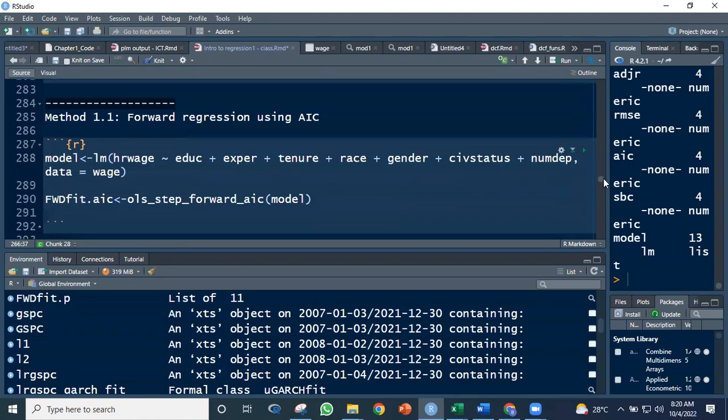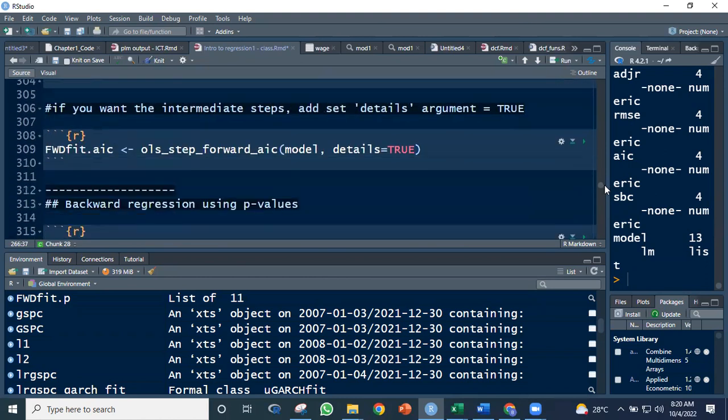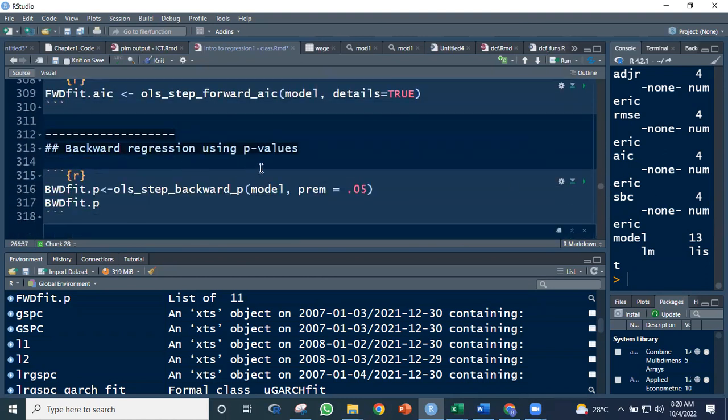Okay, where's that? Forward. All right, here. Backward regression using p-values. So the function is OLS step backward underscore p. We're creating an object called backward fit.p. Since this is backward, the argument to be used is p remain and not p enter.